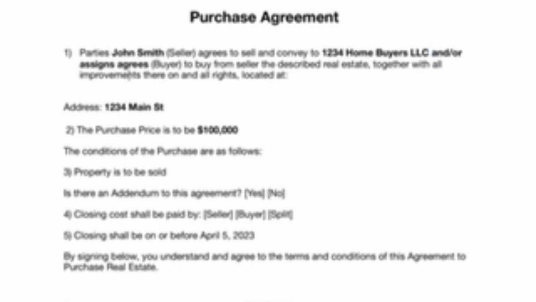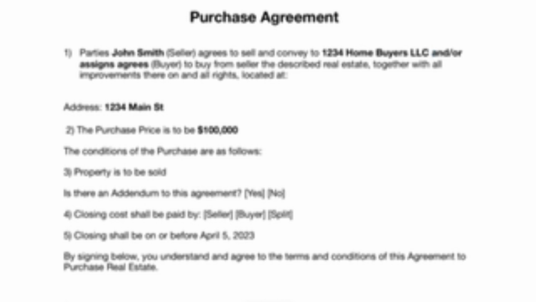Not only can you assign this contract to another buyer, but let's say you're purchasing a property to hold long term, maybe a commercial property or an investment property. And let's say you were getting funds, you initially put it in 1234 Home Buyers, but let's say you were getting a loan.